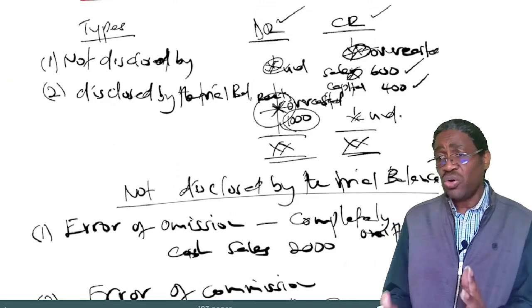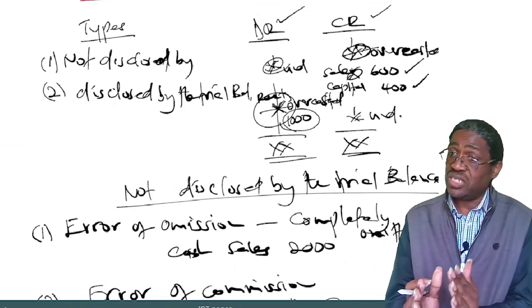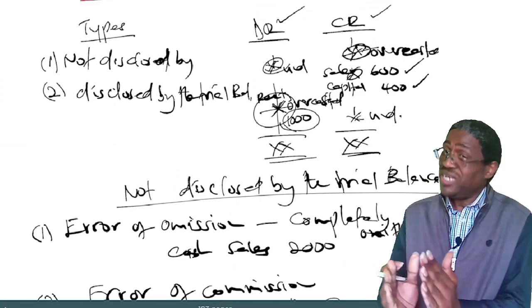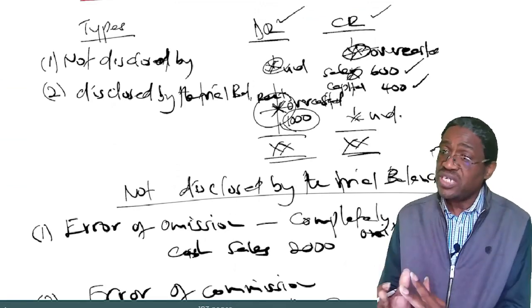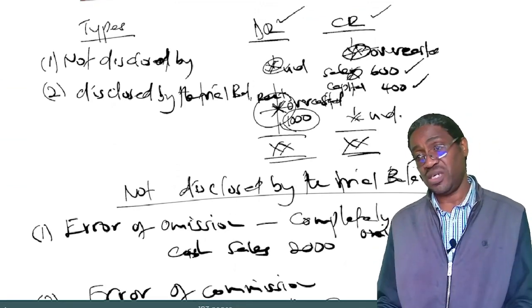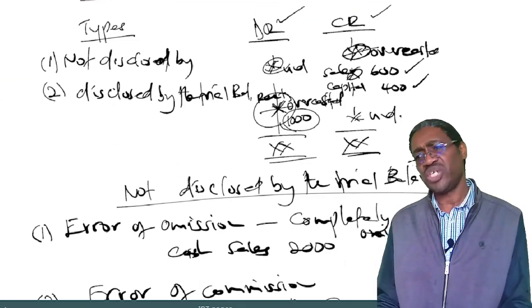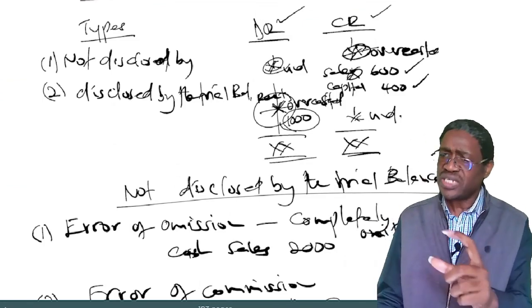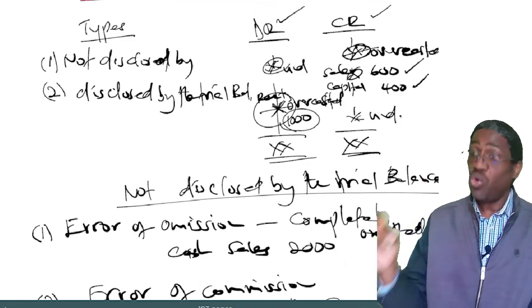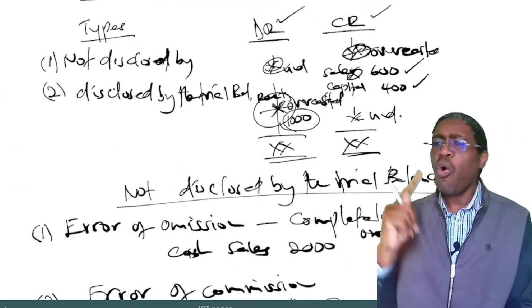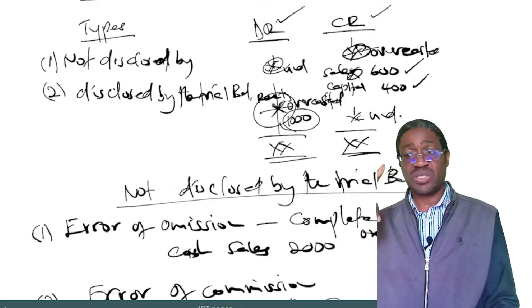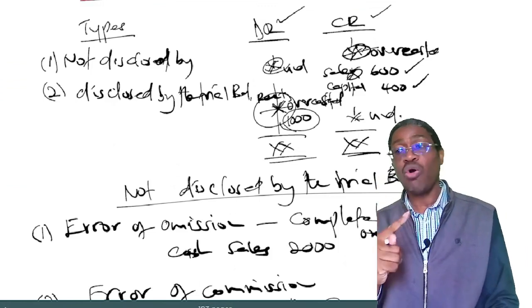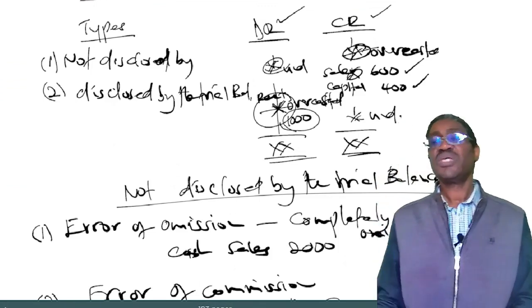So in total, the debit is overcasted by 1,000, and in total, the credit is overcasted by 1,000, though on the credit there are two items that were affected. They will still cancel each other. So a compensating error will occur where two or more errors cancel out each other.